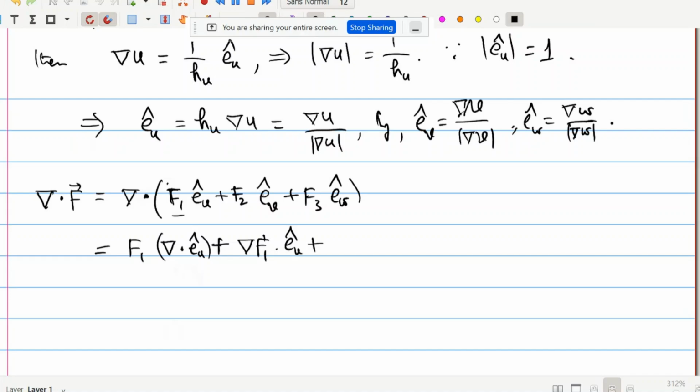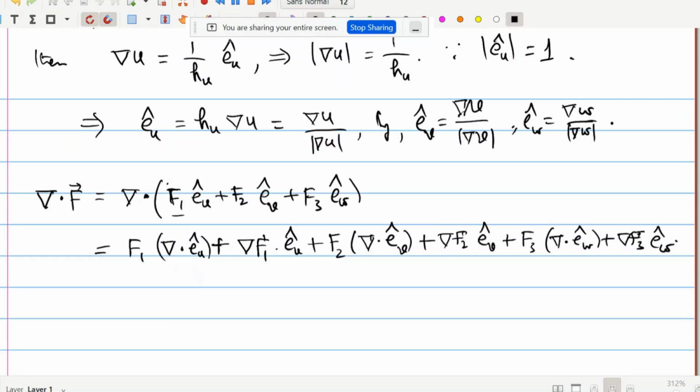So similarly, you have other terms: f2 into divergence of this unit vector ev cap plus gradient of f2 dot ev cap, plus f3 divergence of ew cap plus gradient of f3 dot ew cap.